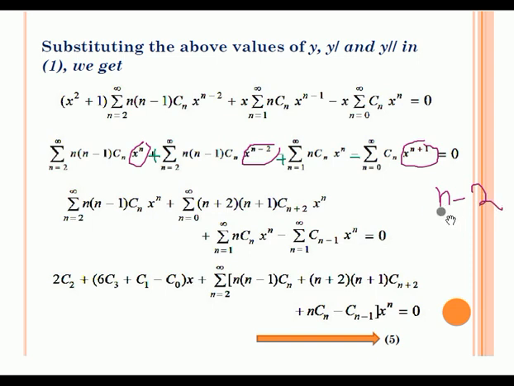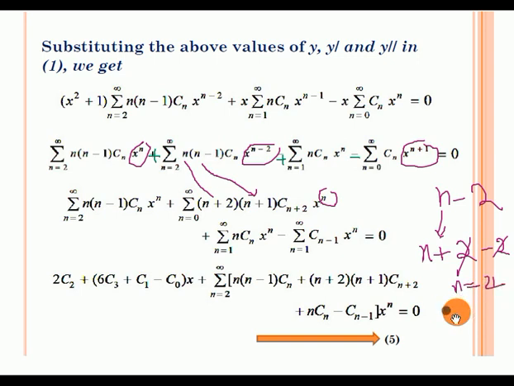In place of n, you substitute n plus 2. So if it is n plus 2, then what happens? It is already minus 2. Then minus 2, it is only n. Okay, that's why I have written x power n here. So in place of n, n plus 2. In place of n, here n minus 1 will be there. So I have substituted n plus 2. So that's why I got this. Even here also in place of n, n equal to 2. So n equal to 2 is there. Then what am I doing here?